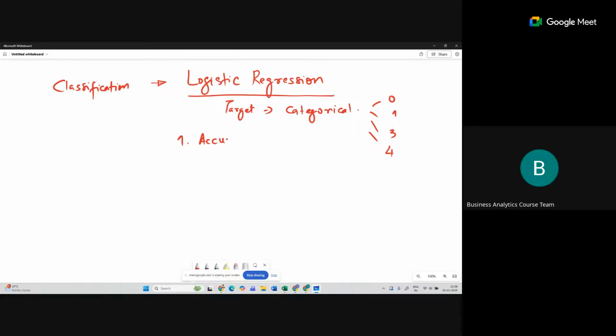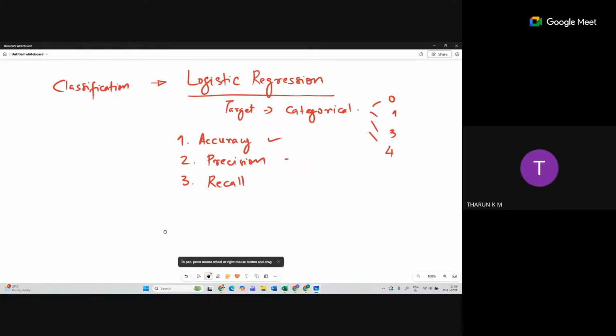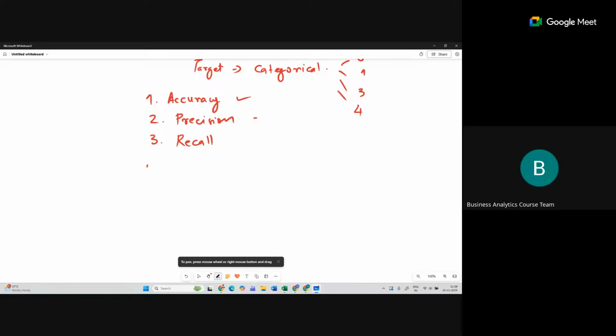Accuracy, precision, recall, sensitivity, specificity. Accuracy is very straightforward. Precision, right? Whenever somebody talks about precision, you have to ask one question. What is that question? Positive or negative? Yes. So precision of the positive class, recall of the positive class, precision of the negative class, and recall of the negative class.